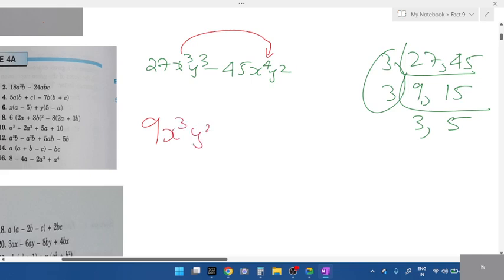Then y. Now compare this. When you divide, what do you get? Instead of doing it in the working column, try to do it directly, students. How many times 9 goes in 27? 3. Look, I've written 3. X cube and x cube will get cancelled. What about y? Very good.